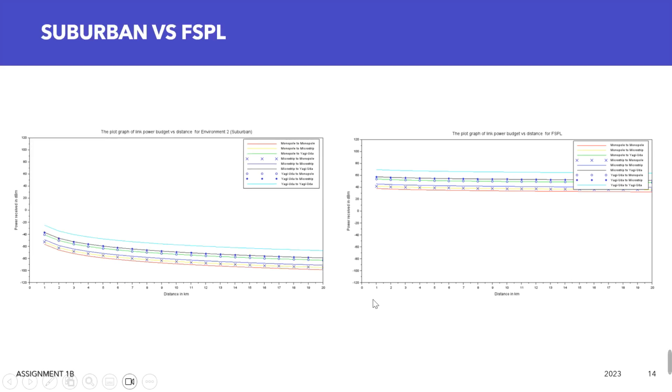For suburban versus FSPL, there is also a relatively large difference between the two graphs. For suburban, the power received is still on the negative side, and the FSPL is on the positive side. It is also because suburban has a relatively high amount of obstacles and buildings.